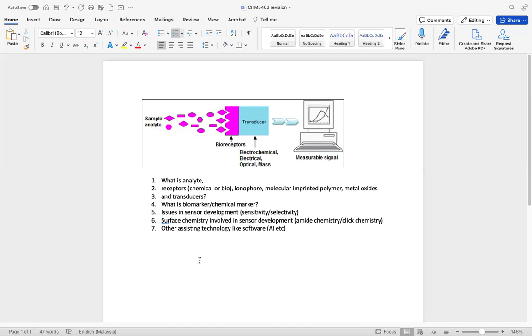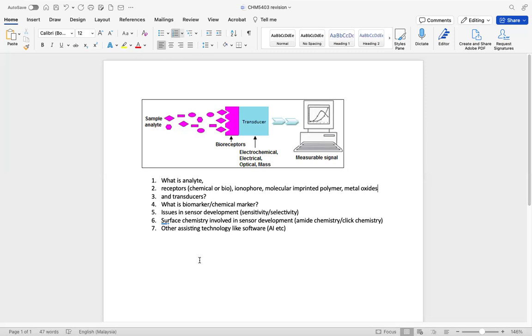And the chemistry also must be suitable for the kind of material that you choose. For example, as I mentioned just now, whether you choose gold, silicon, or other surface or carbon. So it has to suit the surface.